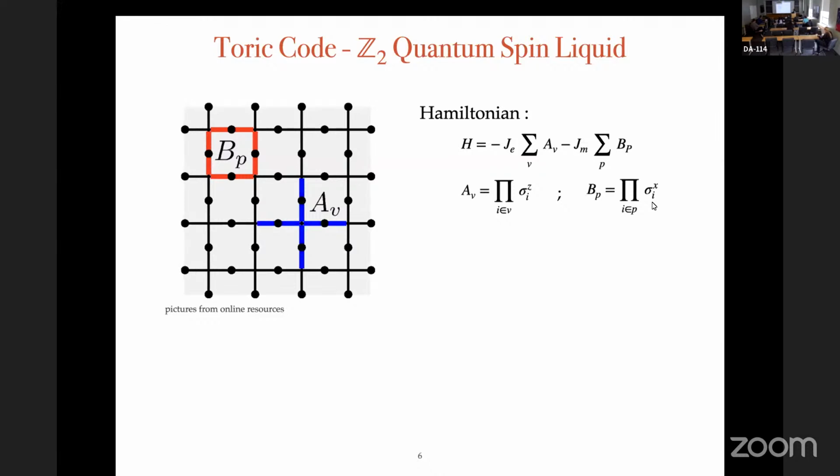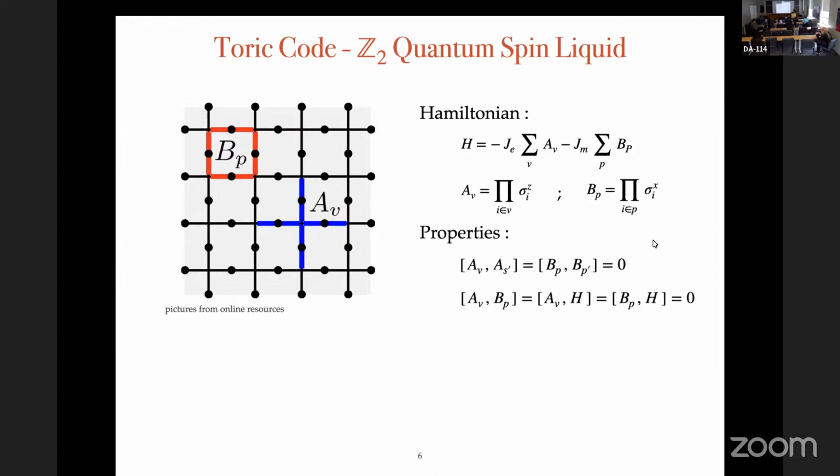The star operator is the product of sigma z on the star and the plaquette operator is the product of sigma x on the plaquette. There are a couple of very nice properties of the toric code, which is that the plaquette operators and the star operators all commute with each other, and hence they commute with the Hamiltonian. So by that, we know the ground states of the toric code have the plaquette operators and star operators equal to 1.